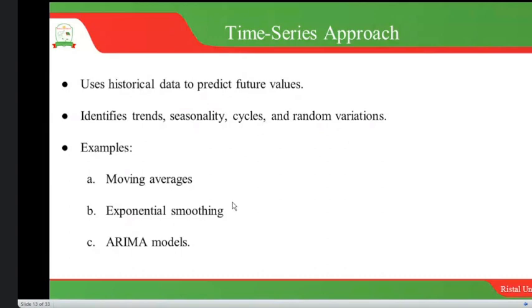We identify cycles and random variations that could be happening around our healthcare facilities. When we are using the time series approach, other methods that we use are moving averages, exponential smoothing, and ARIMA models. All these are elaborated in our next few slides.